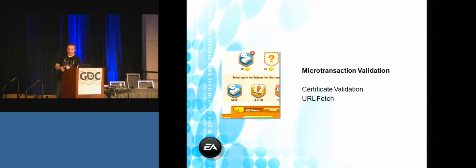Microtransaction validation is a standard feature now in most mobile games. In-app billing is a reality. We have to implement it. The game server is the authority for everything related to transactions. For security reasons, we have to validate the receipt on the server side before we apply the result to the user profile.